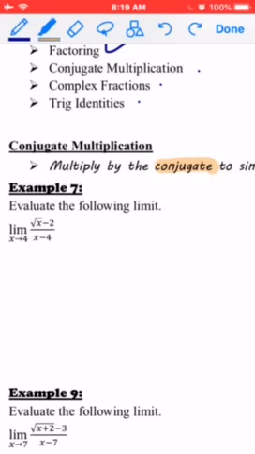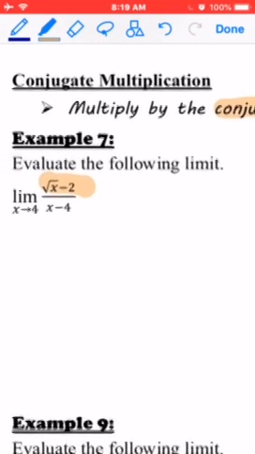The conjugate, as you'll see with example 7, is really just the square root term, whether it's in the numerator or the denominator, with the opposite sign in the middle. So for example 7, the conjugate of square root of x minus 2 would be the square root of x plus 2. Let's do that.